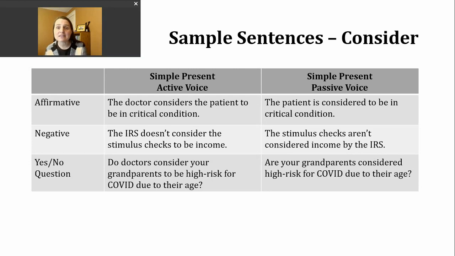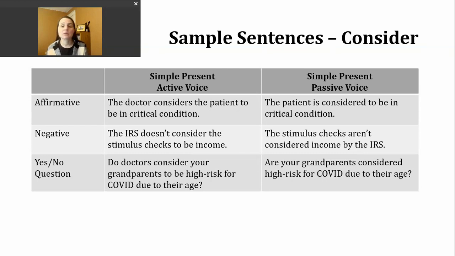So in the passive voice, though, to ask a yes or no question, I'm going to start with my form of be, so am or is or are, and then we're going to have that object come next, and then the participle form of the verb. Are your grandparents considered high risk for COVID due to their age?